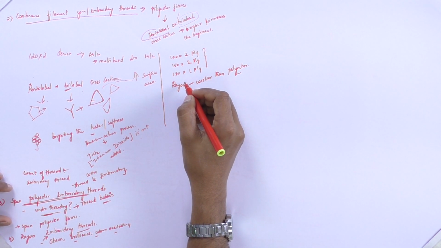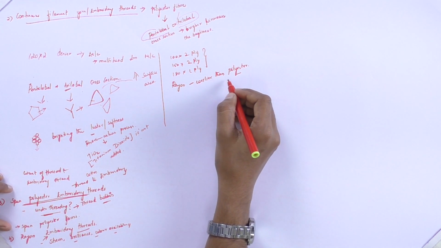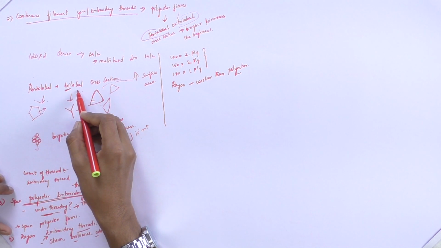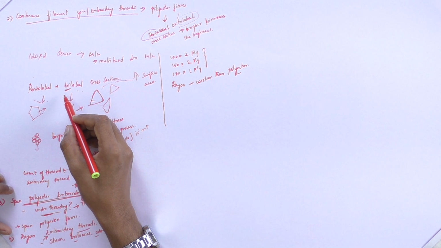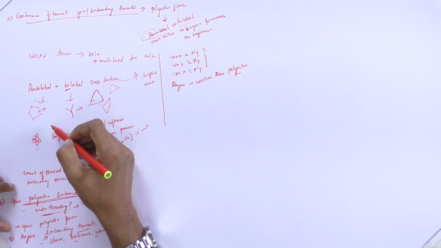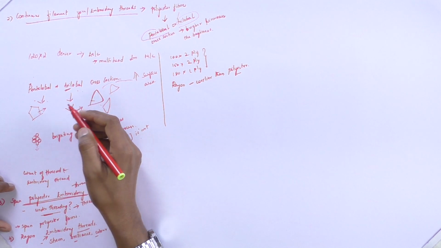Also, the most important thing with polyester filament yarn, as I said earlier, is that its pentalobal and trilobal cross section provides more luster and brightness to the yarn, which we need for our embroidery work.